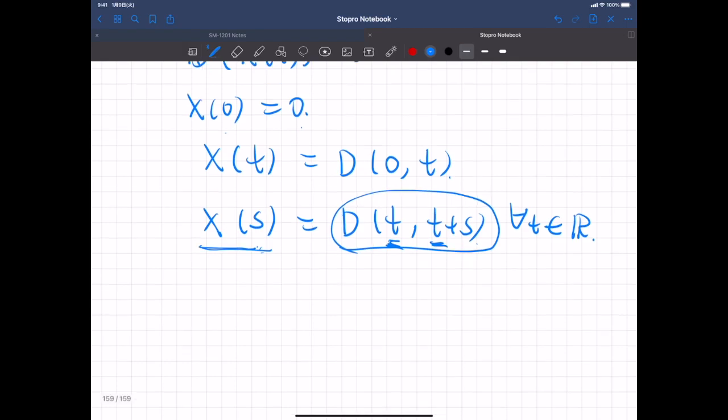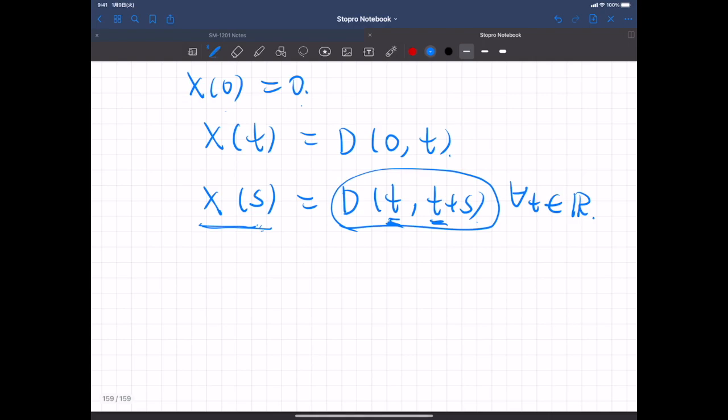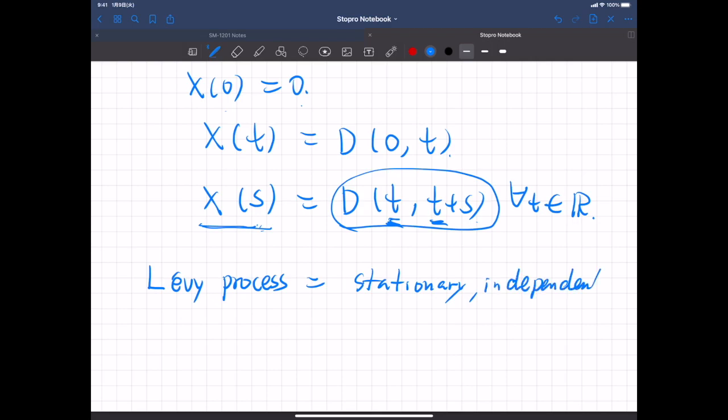At this point, we define a new terminology called Levy process. So this is a stationary, independent increment process.